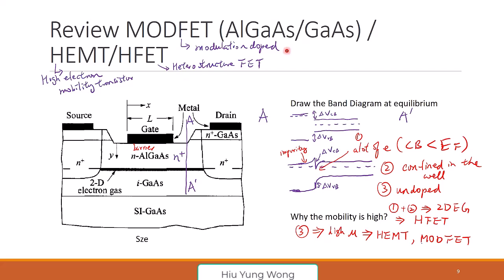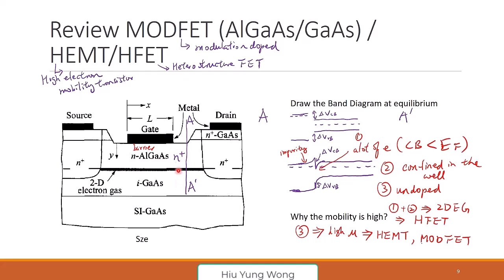Okay, any questions? So I call this review, I assume you learned that before. Maybe you don't. If you don't, you can forget it, I don't mind. But if you see this, I hope that you can link to it. Do not suddenly feel, why do people talk about gallium arsenide HEMT, why is it completely different from what I'm talking about? Because this one relies on doping.